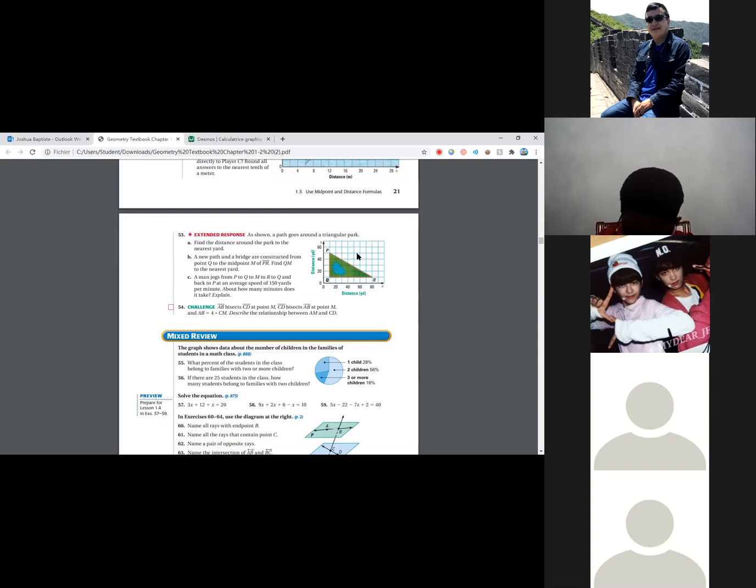Find QM to the nearest yard. So, well, first try finding the coordinates of the midpoint. Do you know how to do that, Mason? No.